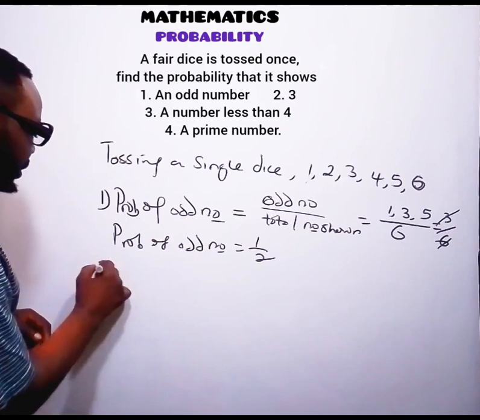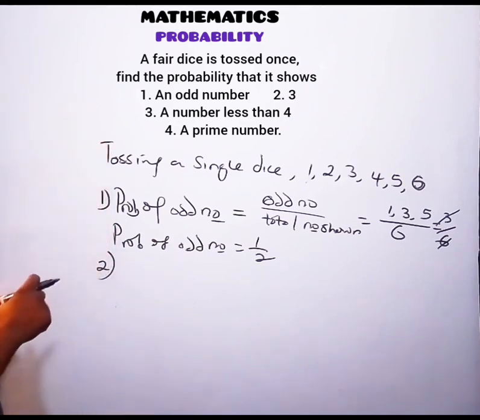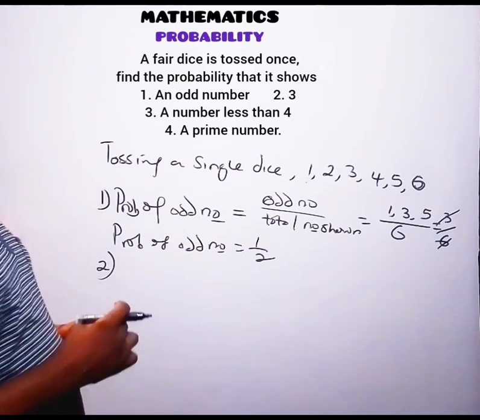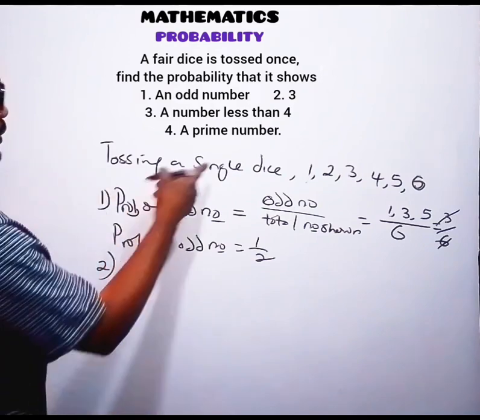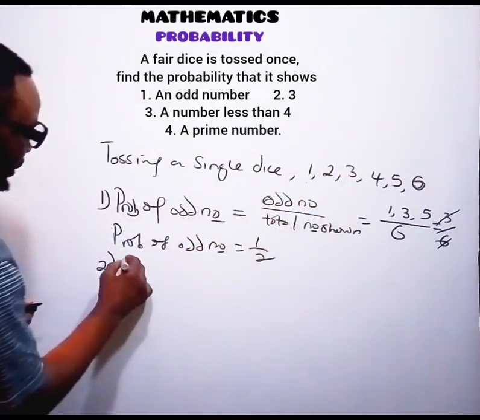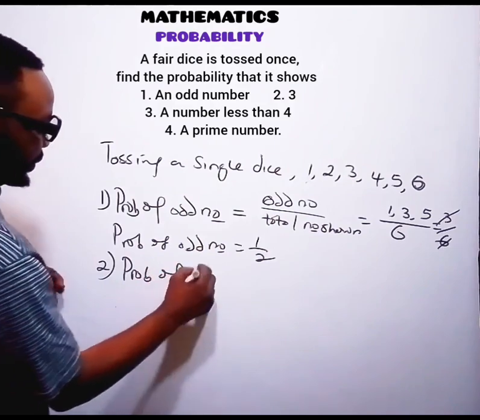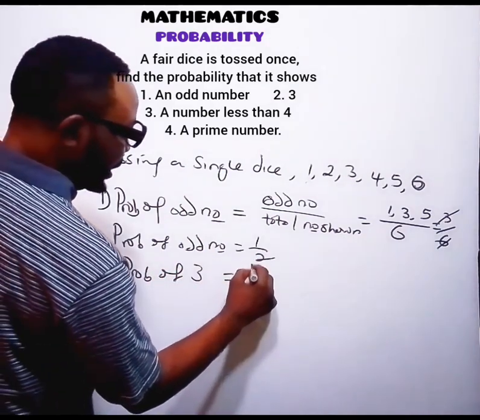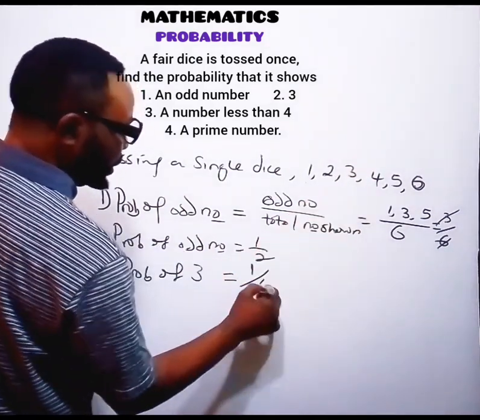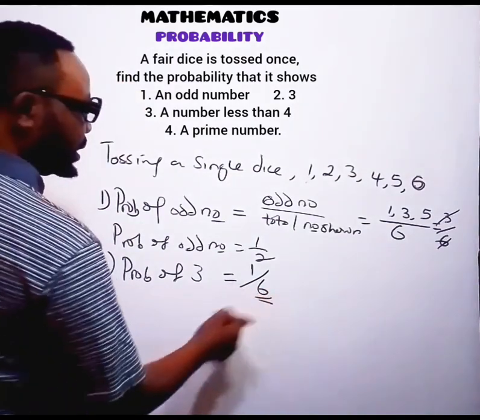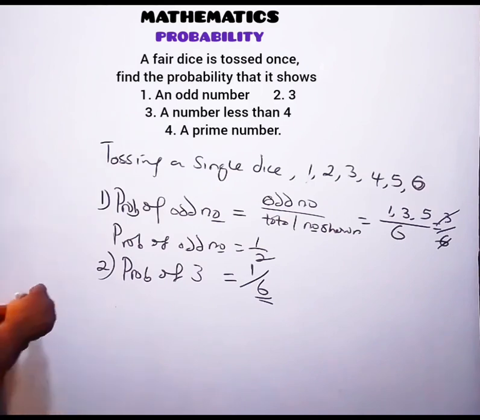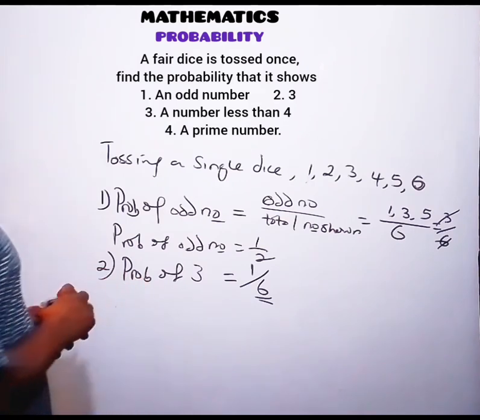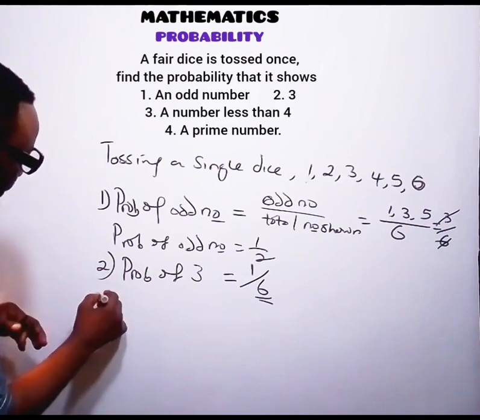Now, the second question says we should find the probability of obtaining a 3, just a single 3. We can see that we only have one 3 here. So the probability of 3 is 1 over 6. Next, what is the probability that a number less than 4 is gotten?